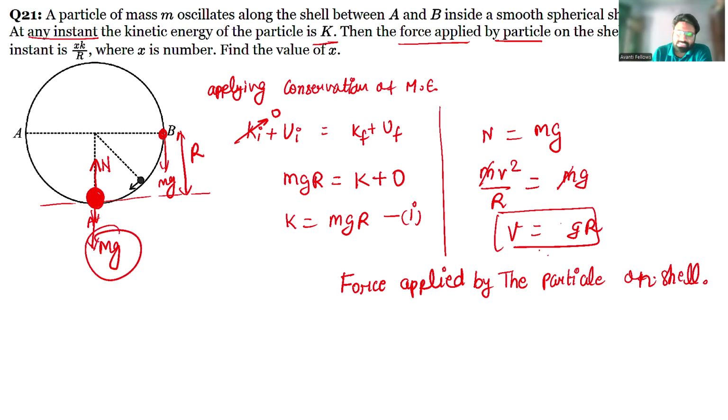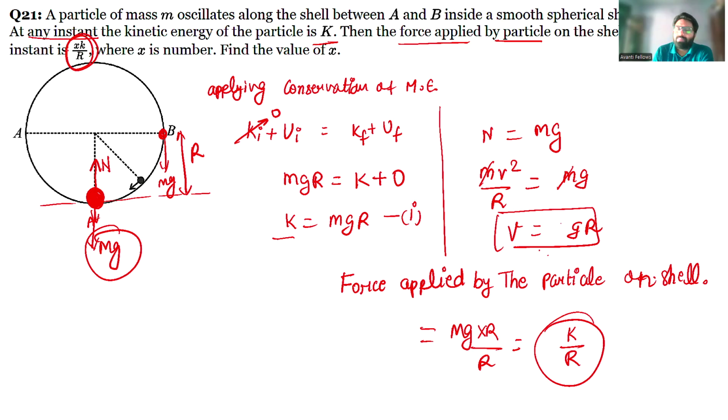So this force is mg. The mg force is the only force which is applied by the particle. N is the reaction force. So we can say it is mg multiplied by R divided by R. mgR is nothing but kinetic energy k, so k upon R. Because we have to find the force in terms of xk upon R, the value of x is nothing but 1.